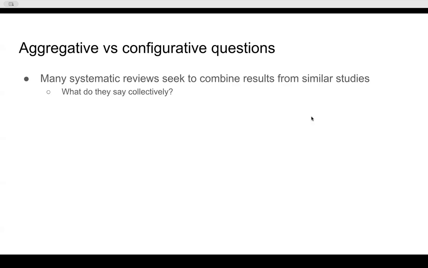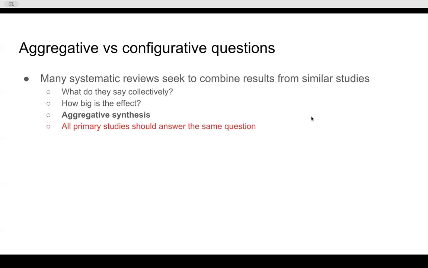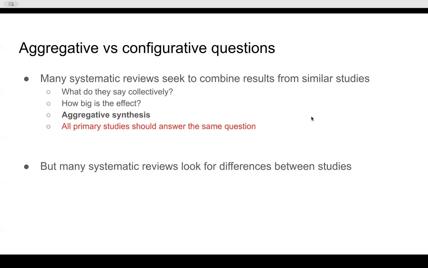So they would be asking, if we treated all of these individual primary studies as one very large study, what would they say collectively about the effectiveness of this treatment or the impact of this exposure? It would be aiming to say, overall, how big is the effect? This is a rather trivialized example of a true aggregative synthesis. We're only interested in what every study says, and those studies should all answer the same question.